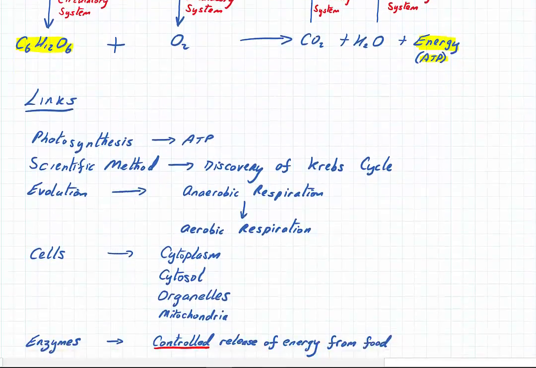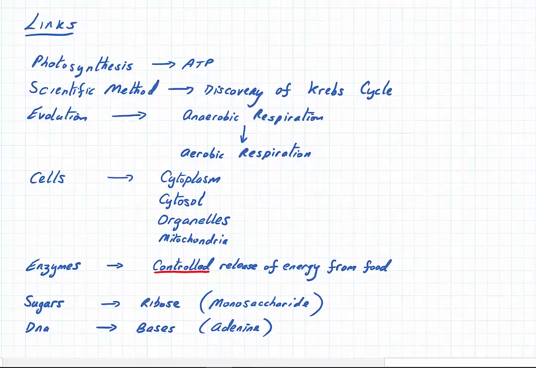And some other links just to finish up. You need to go back over the basic structure of the cell, because we'll be mentioning the cytoplasm, which is, I suppose, the main part of the cell outside of the nucleus. The cytosol, which is the cytoplasm minus the organelles, and the organelles themselves, in particular the mitochondria, which is where a lot of the respiration processes happen.